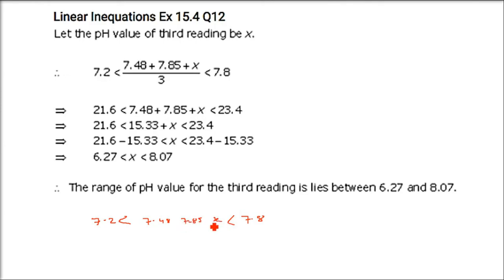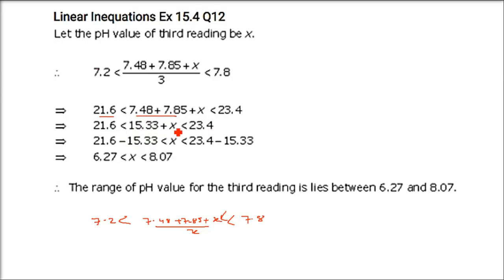So let us assume it to be x. We need to take an average, add all these three, divide by 3, right? So we have to add them and divide by the number of observations, so it is 3. Just solve it. Multiply both sides, everything by 3. So you get 21.6 and 23.4. Now this is 15.33.